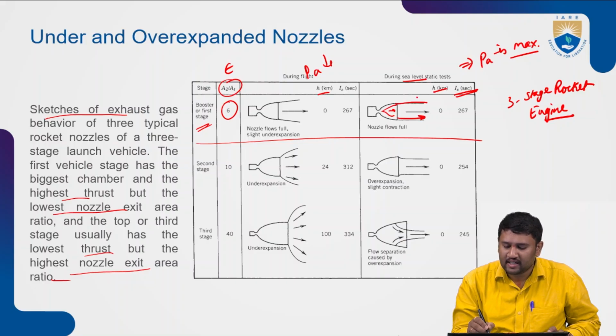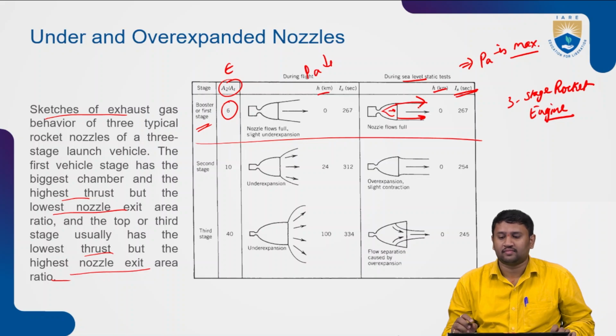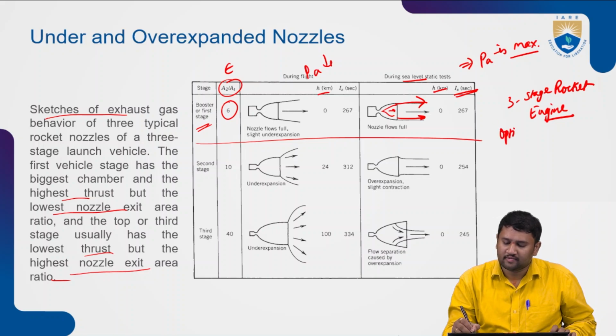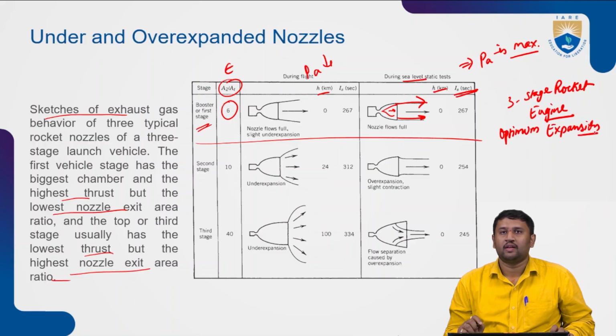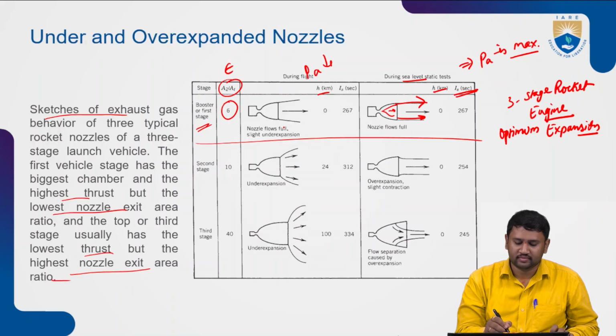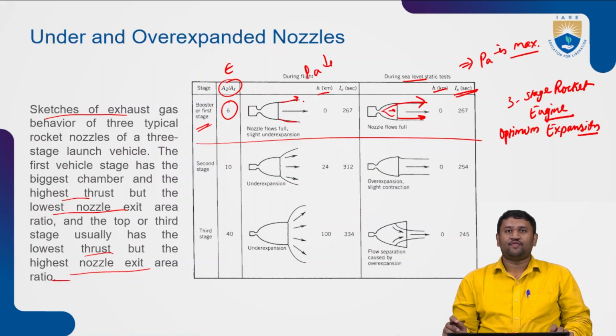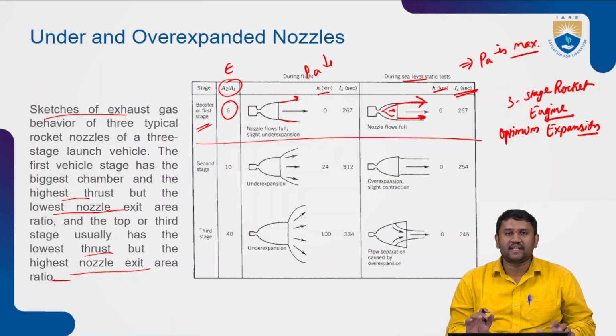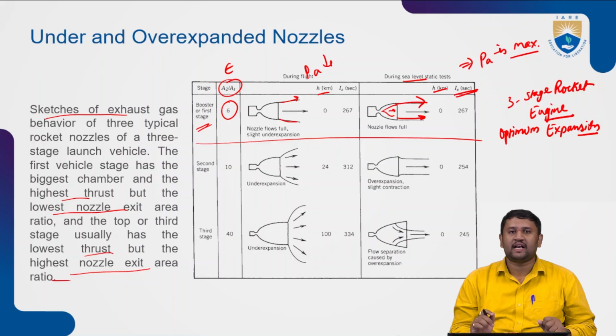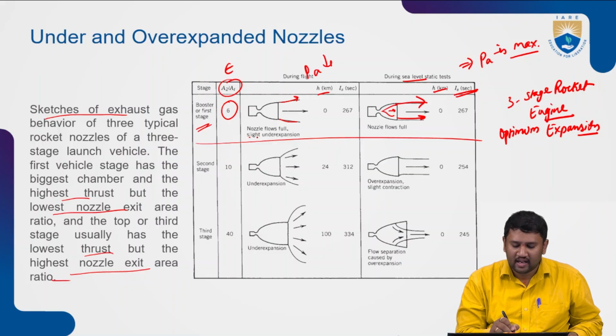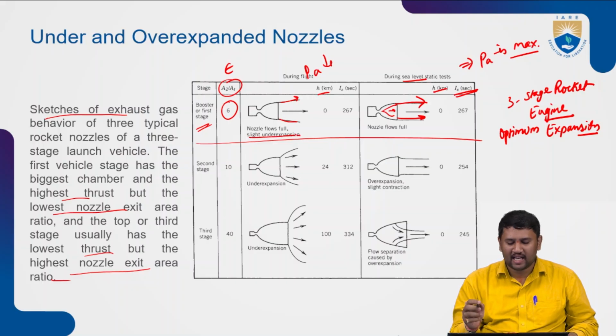It tends to expand completely, or optimum expansion. And during flight also the engine will flow full, because it is designed to operate under atmospheric conditions, with a slight under-expansion that can be neglected.